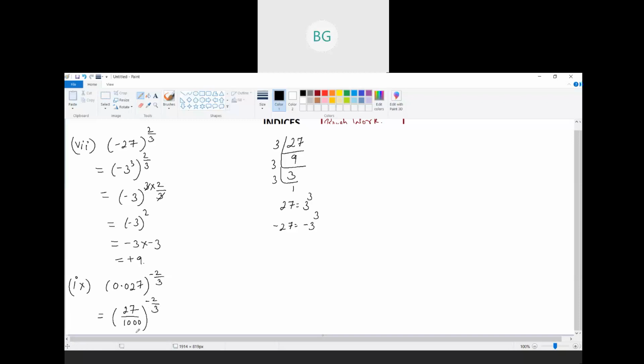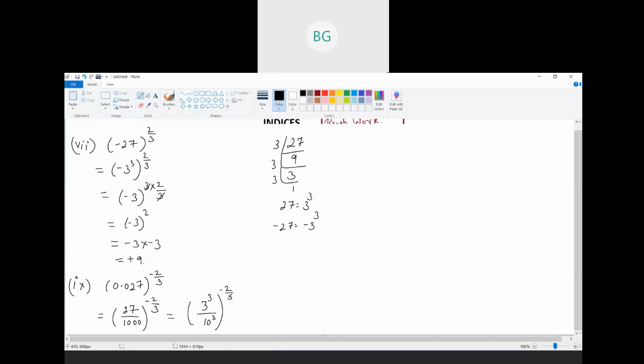Correct. Now 27 can be written as 3 to the power 3, and 1000 can be written as 10 to the power 3.